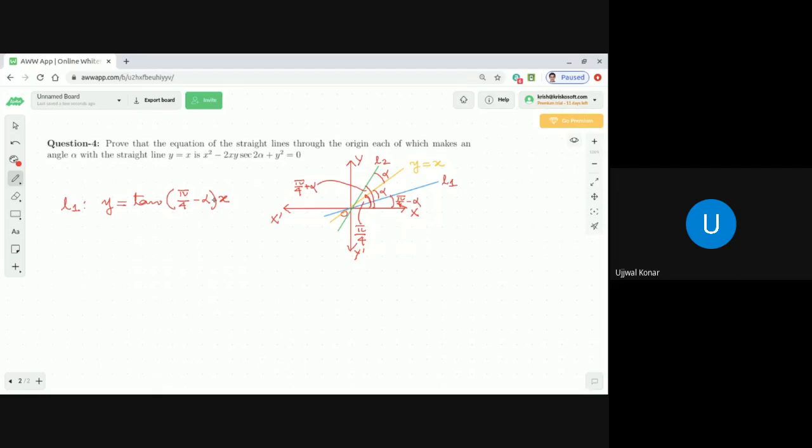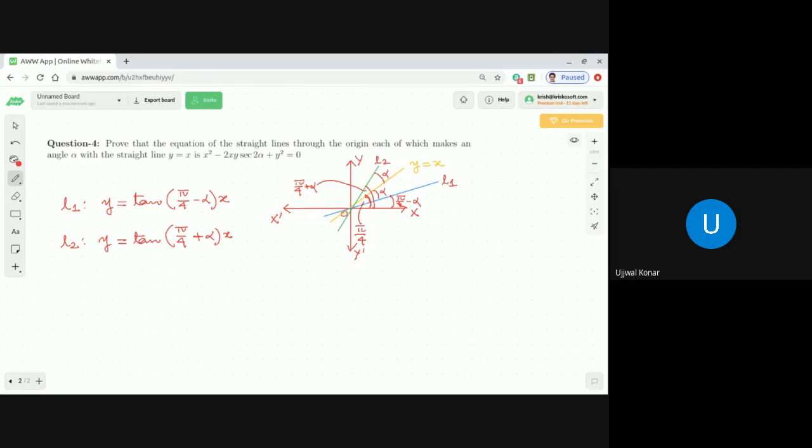Eventually its equation is y equal to tan of pi by 4 minus alpha into x. In the similar manner, L2's equation should be y equal to tan of pi by 4 plus alpha into x. All you need to do, dear students, is find a joint equation, that is a pair of straight lines representing both.